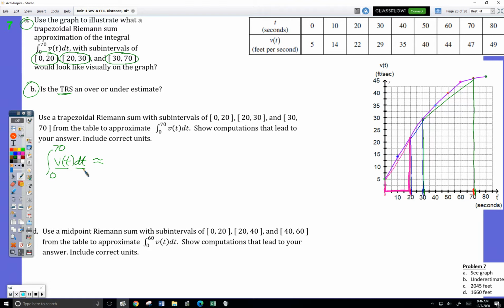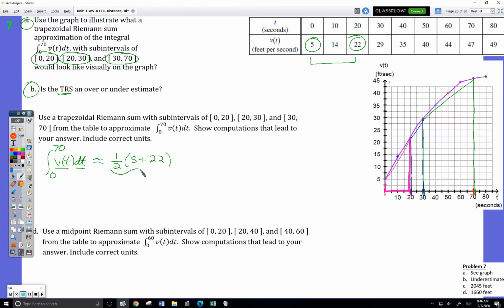So what we do is we take the two velocities and we average them to create one. To average two values, it's not hard. You just add those two values together. So I took the velocity that was most left in the subinterval, and I added that to the velocity that is most right in the subinterval. Once added together, I divide by 2 to get the average of those two velocities.